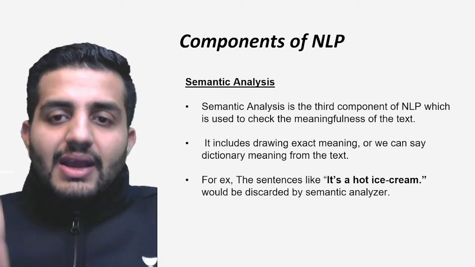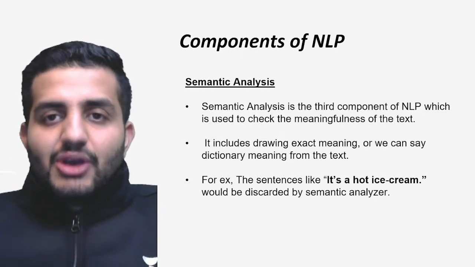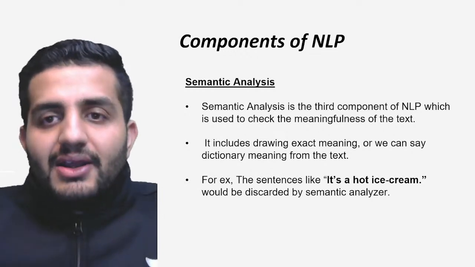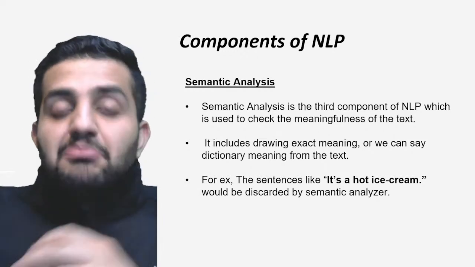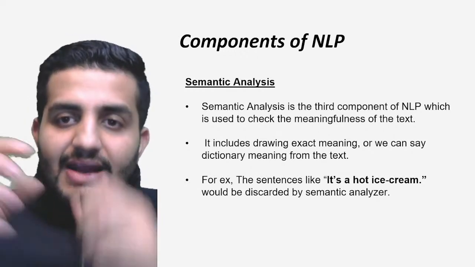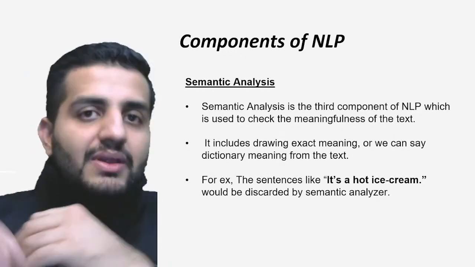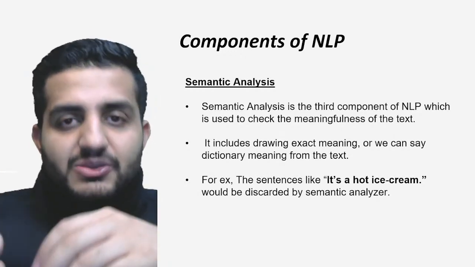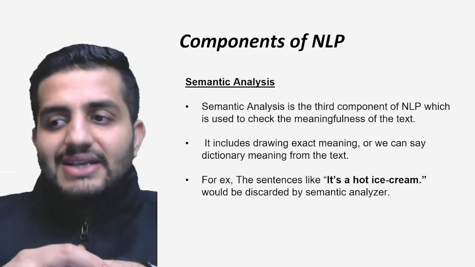For example, a sentence like "it's a hot ice cream," right? Ice cream cannot be hot, right? So I'm trying to get the exact meaning of that text, and that is more of a dictionary meaning component. We try to compare it with the available information we have in the packages or libraries which we load for text analysis.